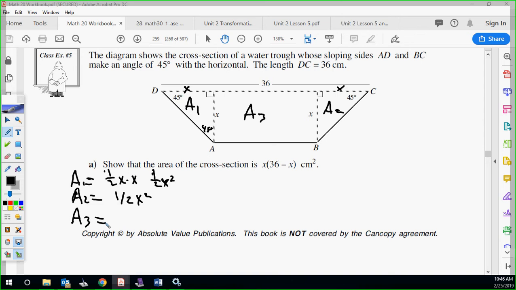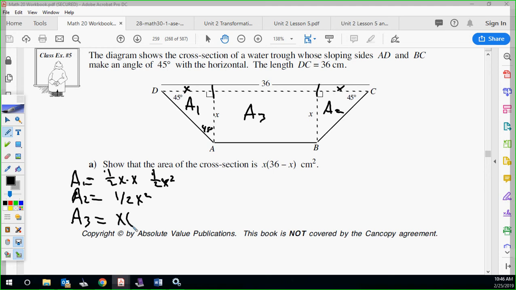Because remember, we're just doing the rectangle here. So it's x times, what's this length? 36 minus 2x, because it's the whole thing minus those x off, right? Good.